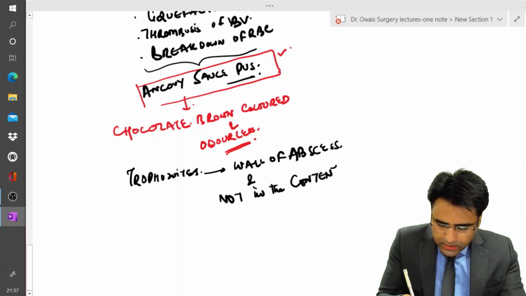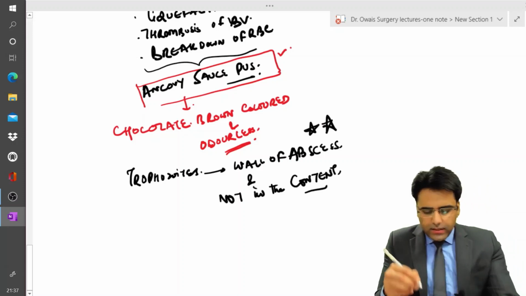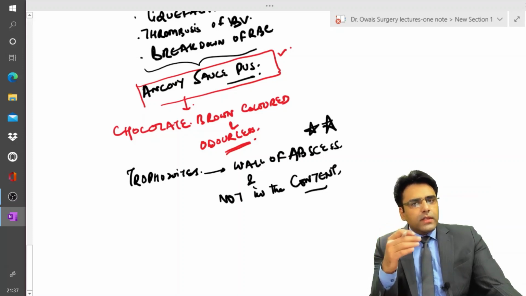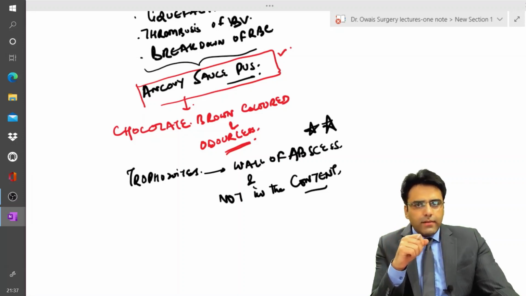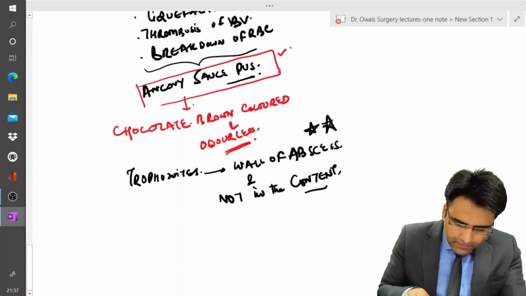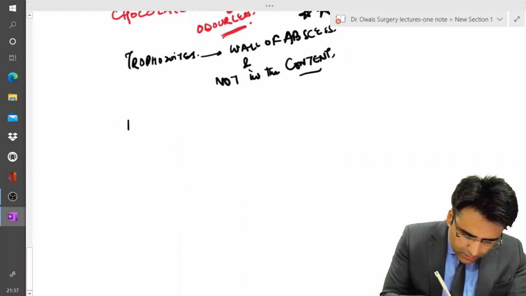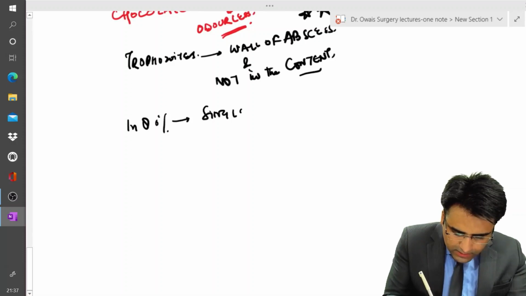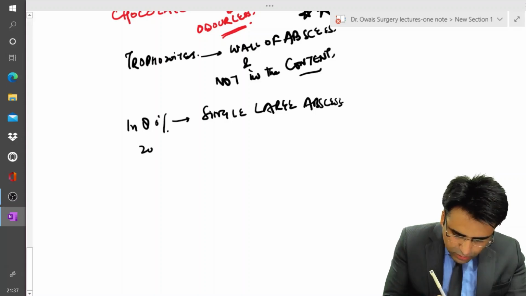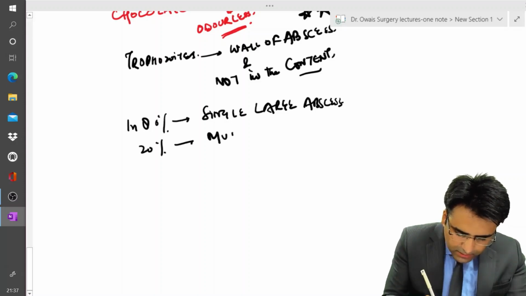This is very important: the trophozoites of Entamoeba histolytica are found lining the wall of the abscess cavity and are not found in the content. Next, in 80% of the cases there is a single large abscess, whereas in 20% of cases they are multiple.